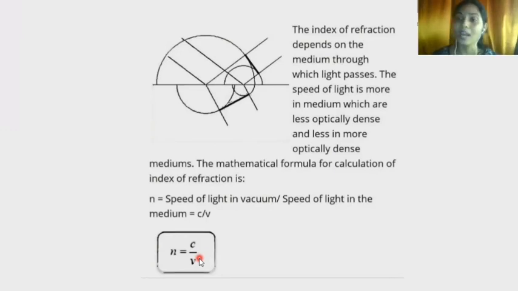Whereas in case of vacuum or air, the speed of light will never change, it will be the same. So the ratio of speed of light to the velocity of light in a particular medium is given by refractive index. It also tells you the ability of light, how much it bends in a particular medium.